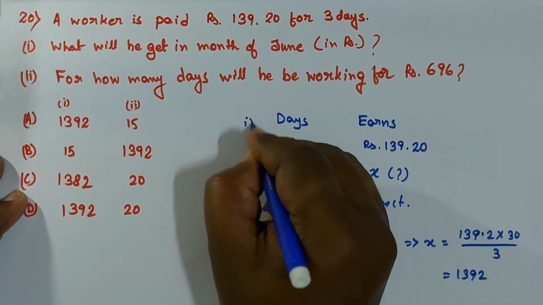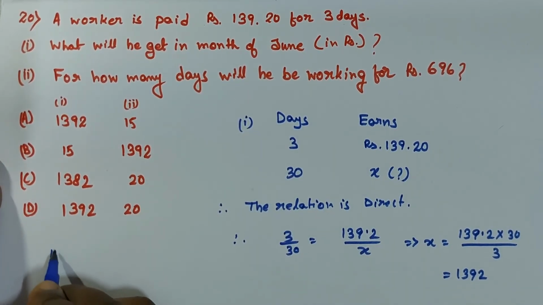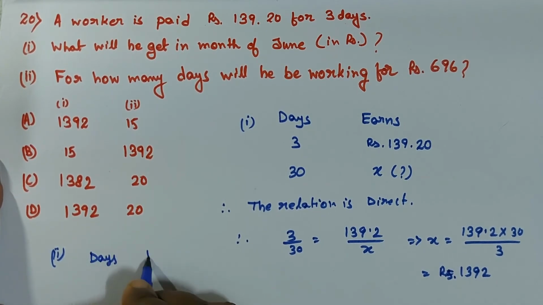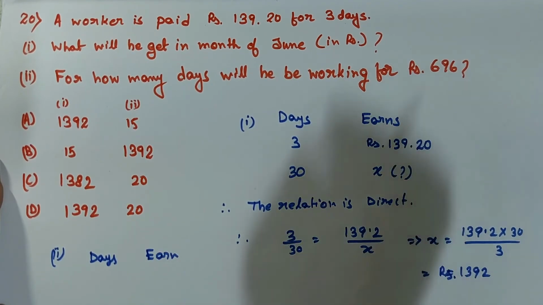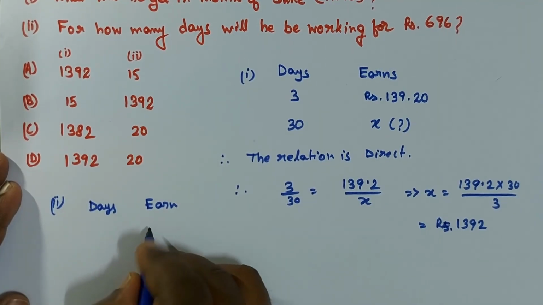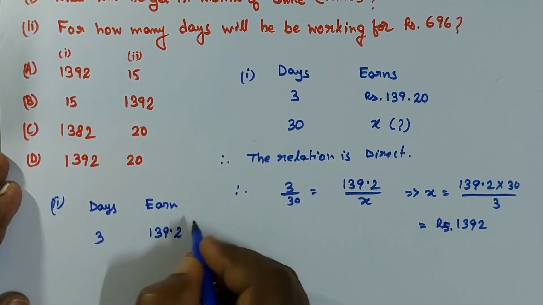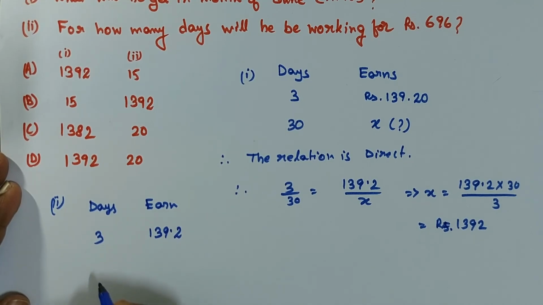This is question number 1, and sub-question 2 we will do here. For how many days will he be working for rupees 696? Similarly here we will write days, earned. So earning is 139.2 for 3 days. And we need to find out the days for earning 696, this is x.